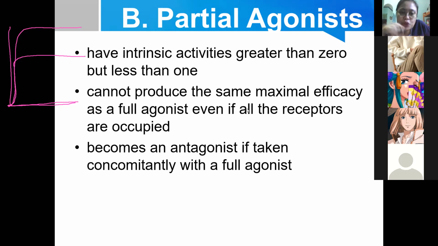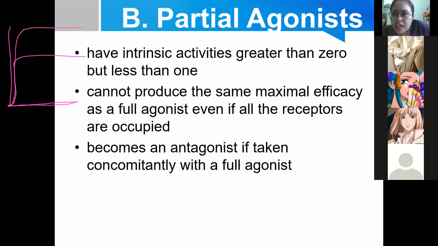But please take note, you cannot combine the full agonist and the partial agonist. Example nag-inom kag full agonist na tambal tapos gisabayan nimo siya partial agonist. Naa siya drug to drug interaction.